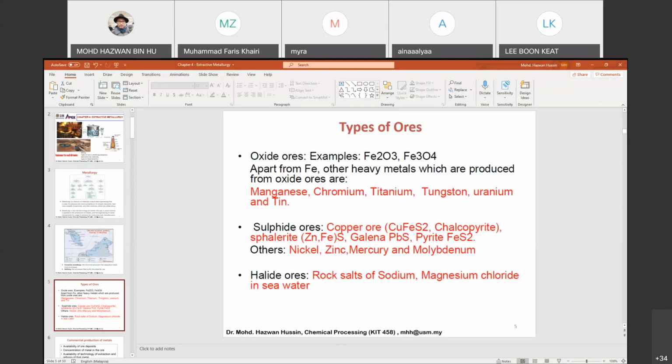And finally, we can also have halide ores. Halide ores are minerals that contain halogen. The most common one is, of course, sodium chloride, NaCl, rock salts of sodium, magnesium chloride in seawater, and so on.